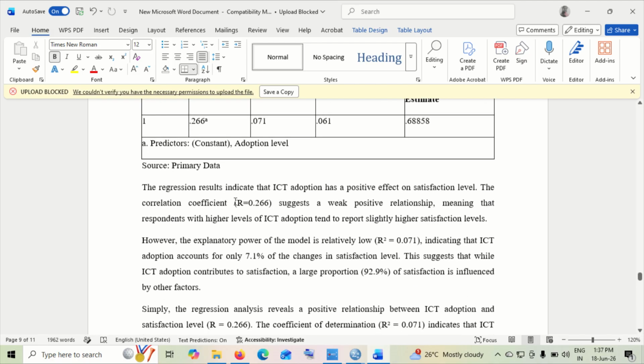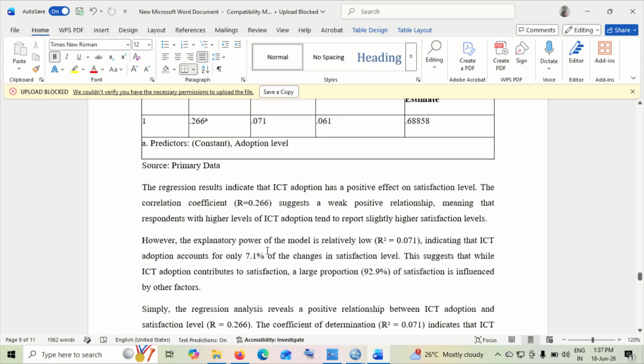The regression result indicates that ICT adoption has a positive effect on satisfaction level. The correlation coefficient, that is R equal to 0.266, suggests a weak positive relationship, meaning that respondents with a higher level of ICT adoption tend to report slightly higher satisfaction level.